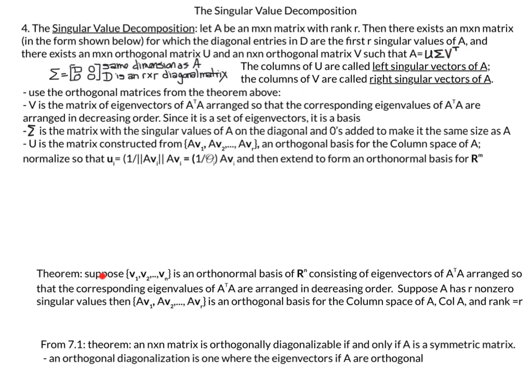Using our last theorem, which I have copied here for your reference, and also the pattern from our diagonalization of a matrix, we're going to take V as the matrix of the eigenvectors of A transpose A, and we're going to take sigma as the matrix with singular values of A on the diagonal, that is the eigenvalues of A transpose A on the diagonal, and then U is going to be the matrix constructed from AV1, AV2 up to AVR if there are R singular values.